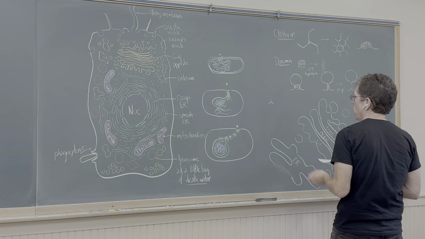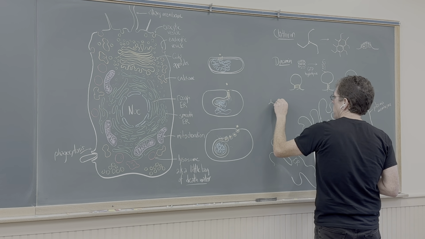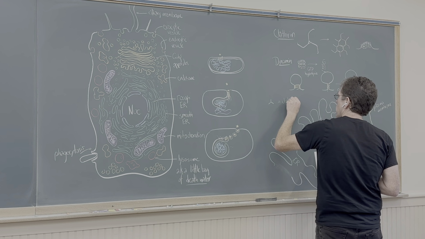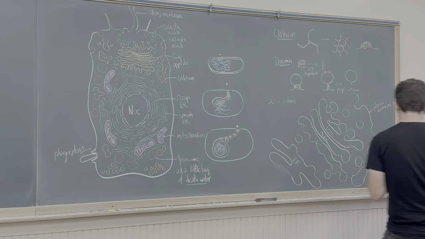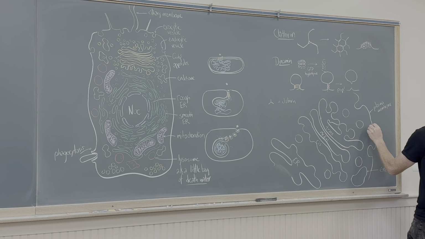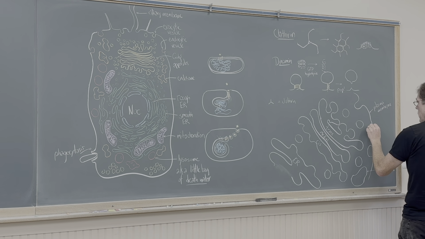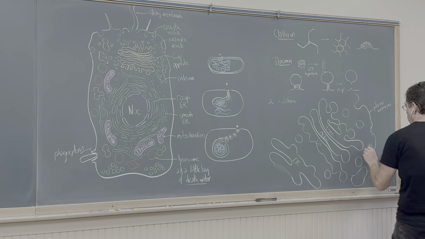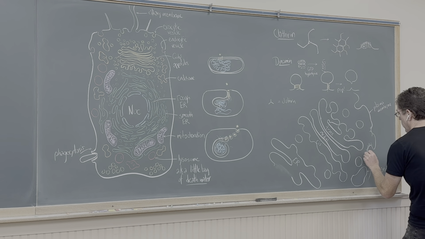So these little threefold things, those are going to be the clathrins. Clathrin is involved in endocytosis from the plasma membrane. So I'll just draw some of these in like that.